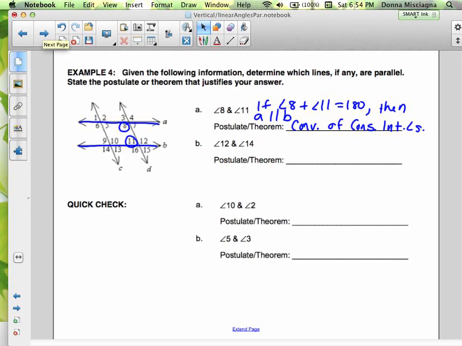All right, angle 12 and angle 14, let's circle them. Angle 12 is right here, and angle 14 is right here.